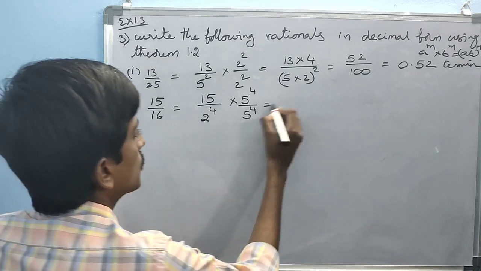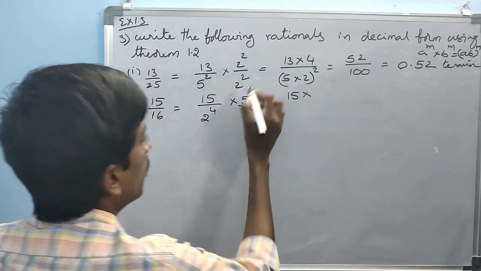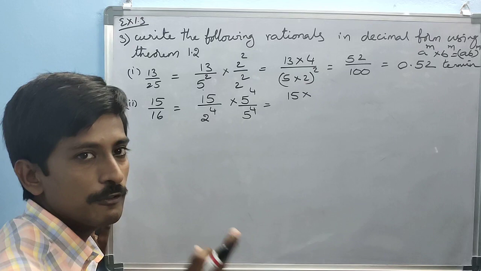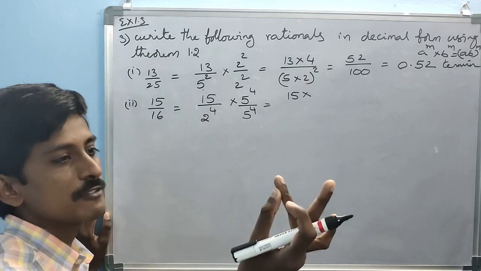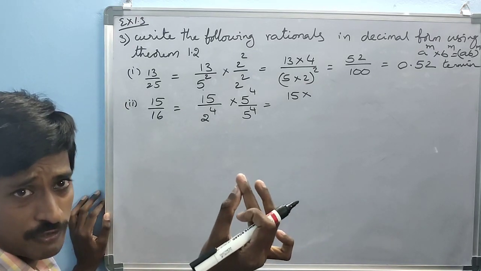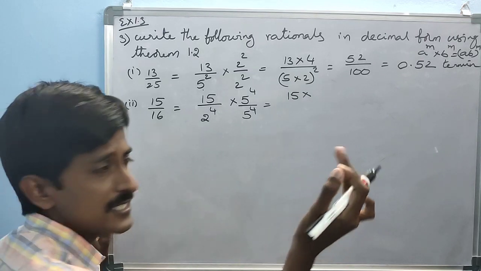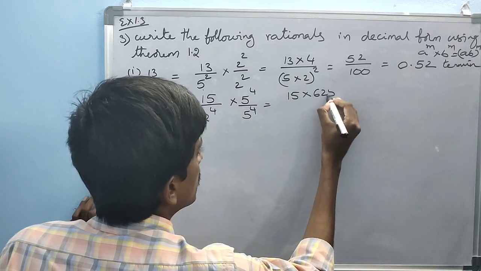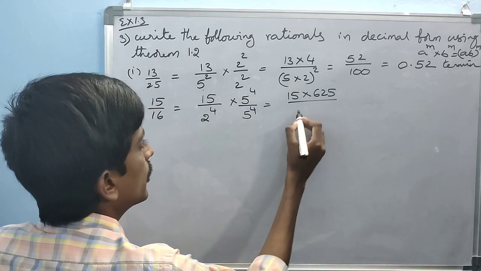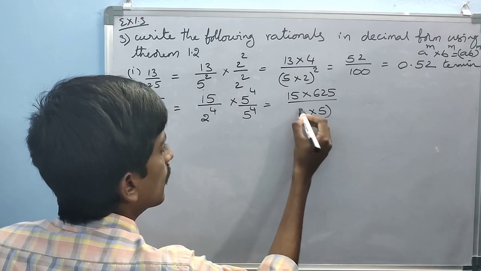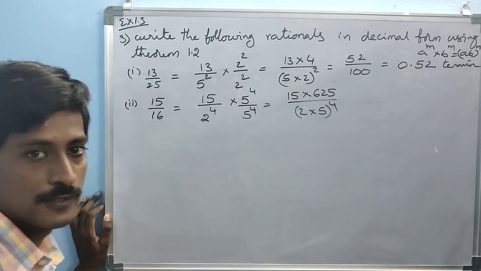So 15 into 5 power 4. 5 into 5 into 5 into 5: 5 5s are 25, 25 5s are 125, 125 5s are 625. 625 by 2 into 5 whole power 4.